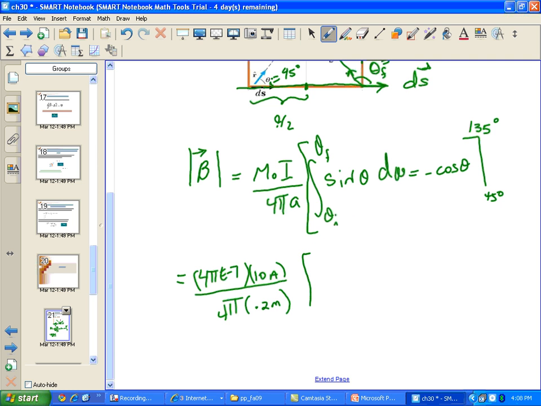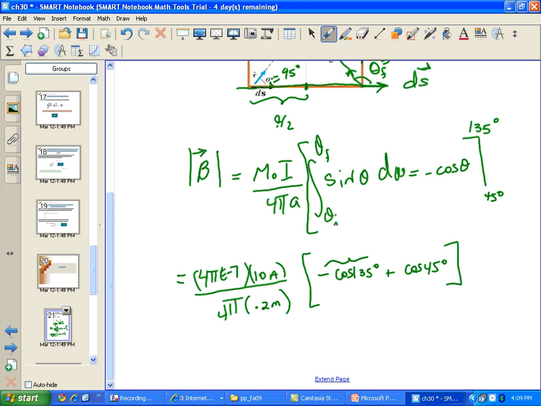And we have minus cosine of 135 degrees, because we have minus cosine of theta final, minus cosine of 45 degrees, which gives us cosine of 45 degrees.